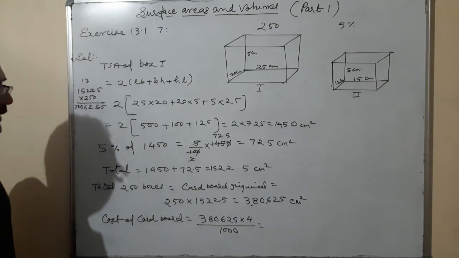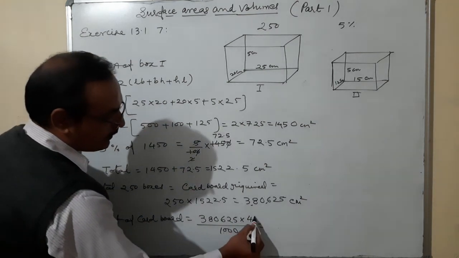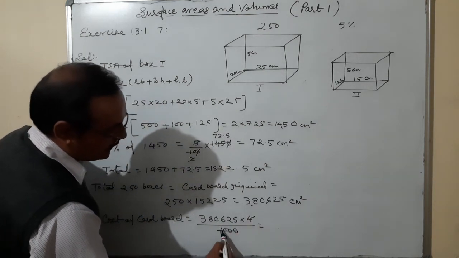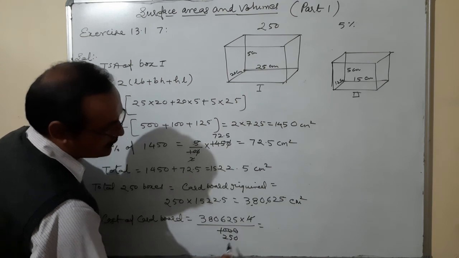Okay. So when we cancel it, 4 twos are 8, 2 fours are 8, 5 fours are 20 and 0.